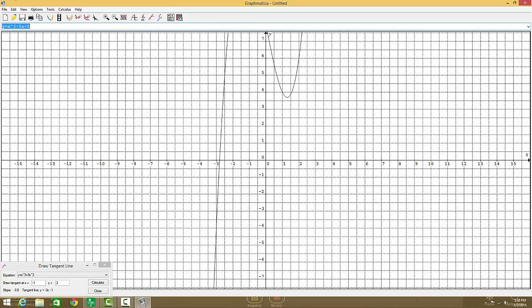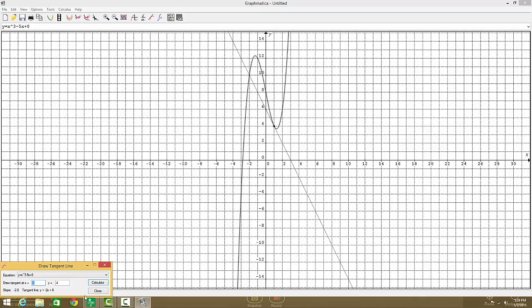Let me zoom out. First and foremost, I draw a tangent at the point where x equals 1, which is down here.